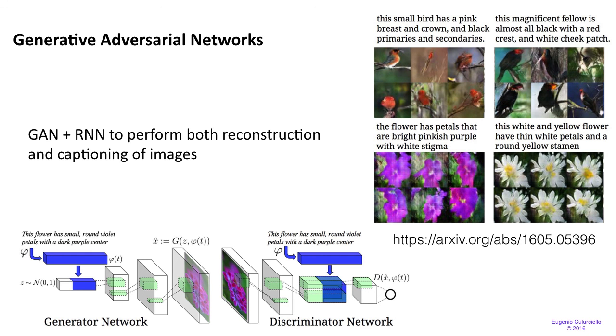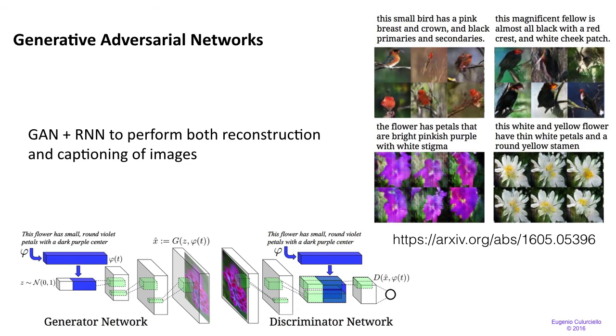At the same time, people have also used generative adversarial networks to do captioning of images. In this case, people at Michigan, Honglak Lee, have taken a caption and turned it into a random vector plus a representation of the caption to generate an image.